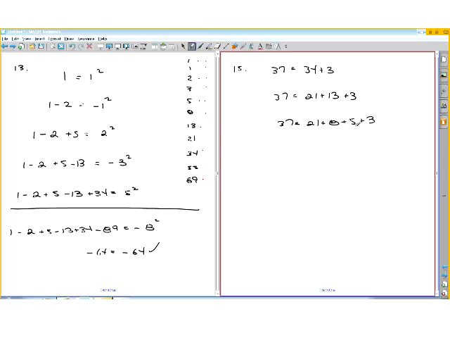So you can do one with 5. So 8, 5, 3, well that's not going to work. So if you do 13 plus 8 plus 5 plus 3, so that's 21 plus 8 is 29 plus 2. That's not going to work.